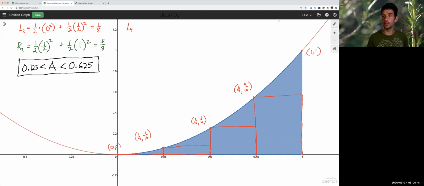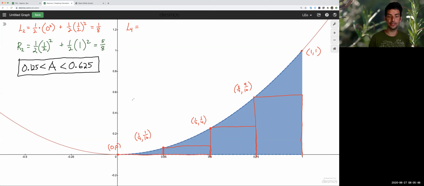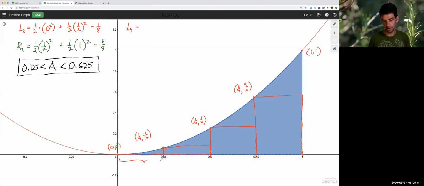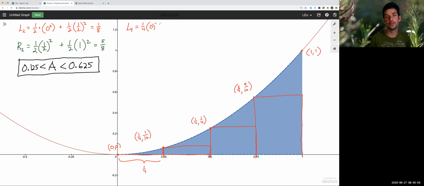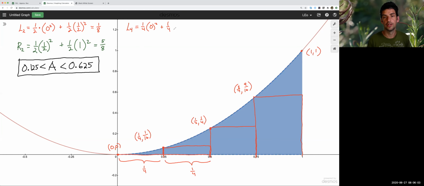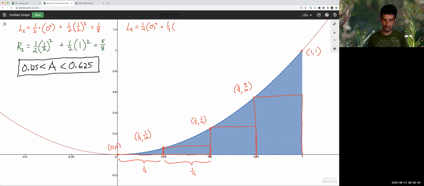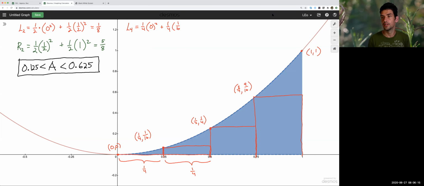Okay, so how do we compute L4, the area of these approximating rectangles? Well, this first rectangle has a width of 1/4 and a height of 0. The second, they're all going to have a width of 1/4. The height at this point is 1/16, which was 1/4 squared. Let's actually write it that way.